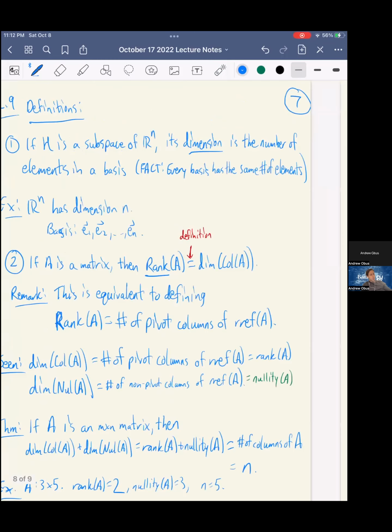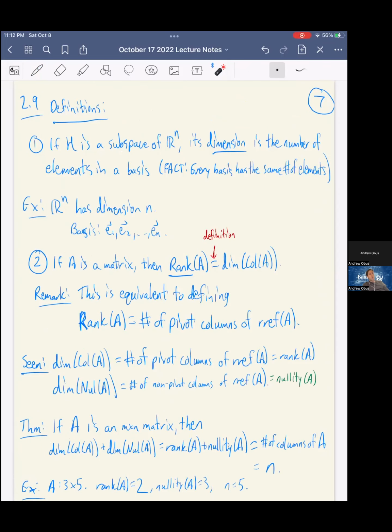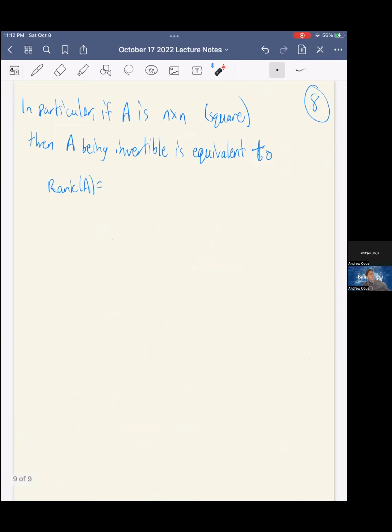Well, if A is invertible, what do we know about the rank of A? If you go back to the invertible matrix theorem, we know that A being invertible means, among other things, that its row-reduced echelon form is the identity, right? If A is invertible, we can row reduce it to the identity. And that means that every column is a pivot column. So that means that the rank of A has to be n, right? A is invertible if and only if the rank of A is equal to n.